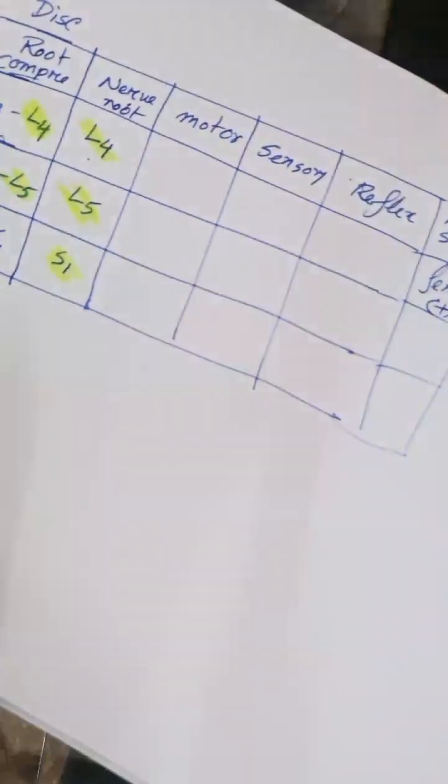L5, nothing. S1, sciatic nerve stress test is positive. Okay. Reflex. L4, this is for the knee, right? So this is supplying the knee reflex. L5, no reflex is associated with that. S1, this is the ankle reflex. Okay.